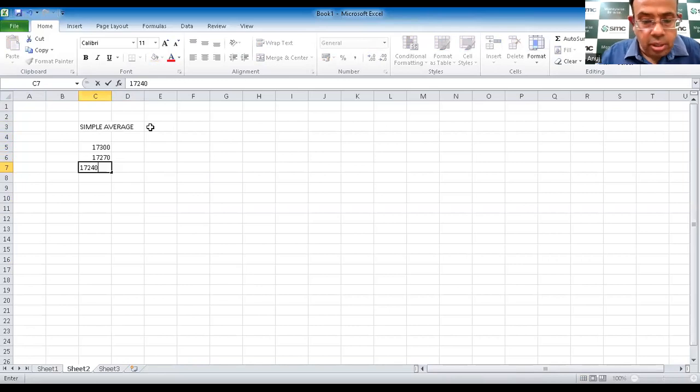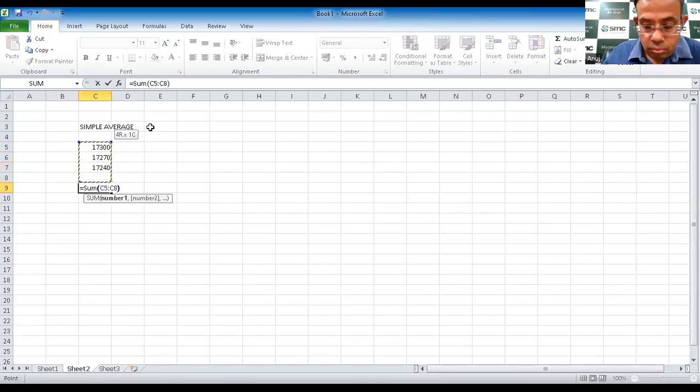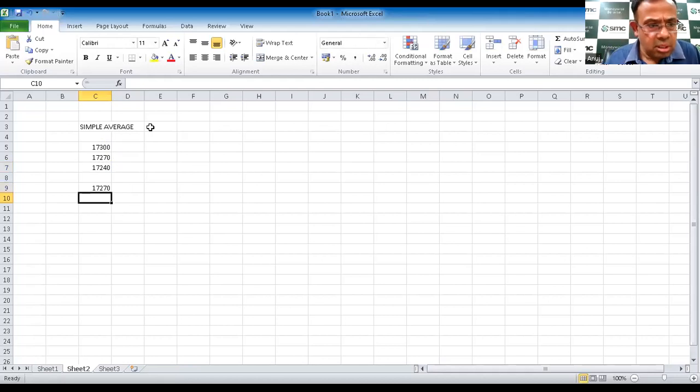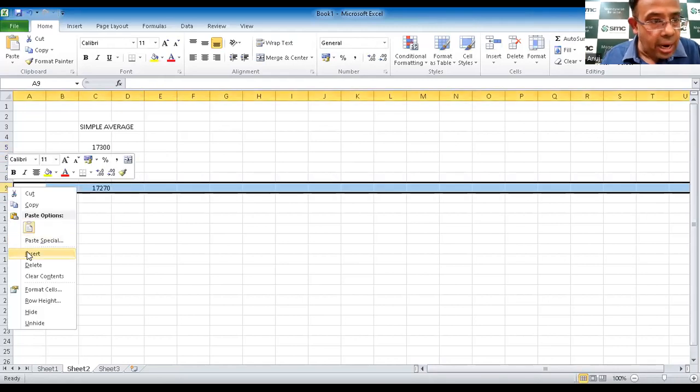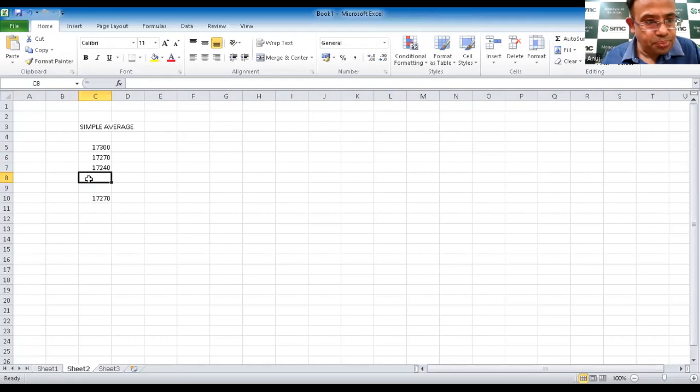The simple average is the total divided by 3, which is 17,270, right? This is the simple average, but it is nowhere stable, because if you add another figure to it, say 17,200, this figure will quickly change to 17,250. Previously it was 17,270. Now it is 17,250.